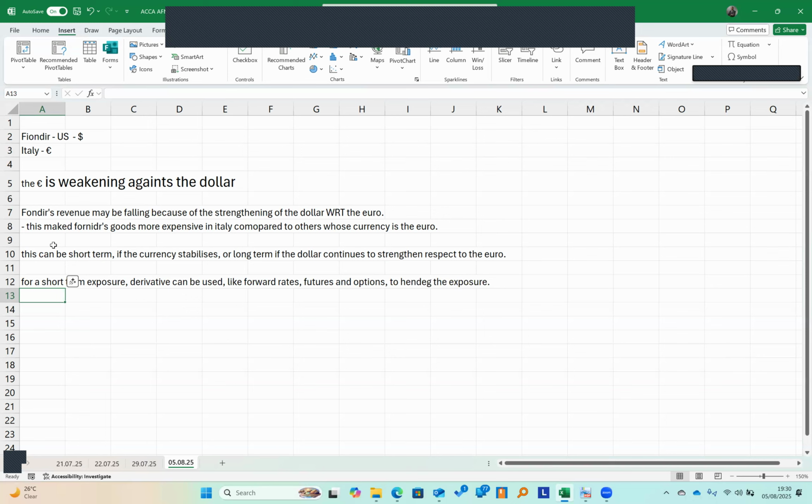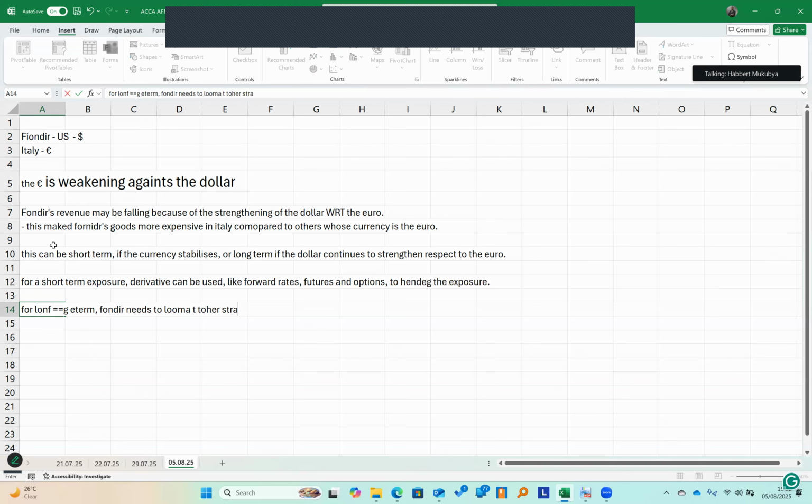For long term, Fondir needs to look at other strategies like pulling out of the Italian market, because the euro keeps on getting weaker and weaker, so you may not really need to stay in such a market. So you may need to pull out of it.